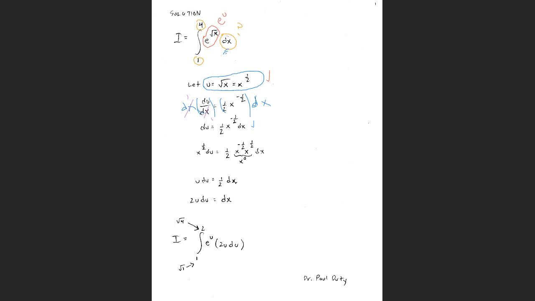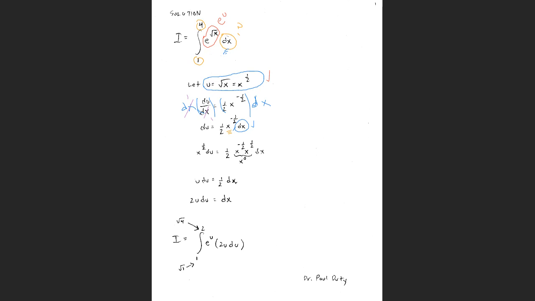And remember, what I want to do is get dx by itself. I want to get dx by itself. So I have an x to the negative half here, right? I don't want that x to the negative half there. I want there to be a 1 there.